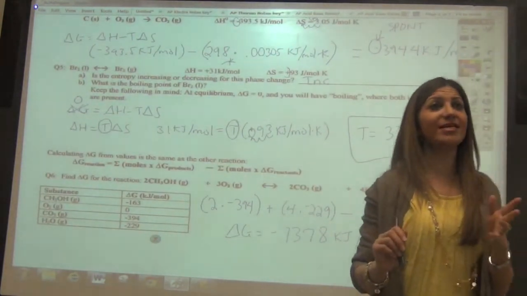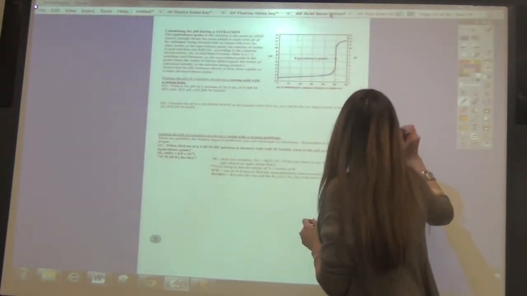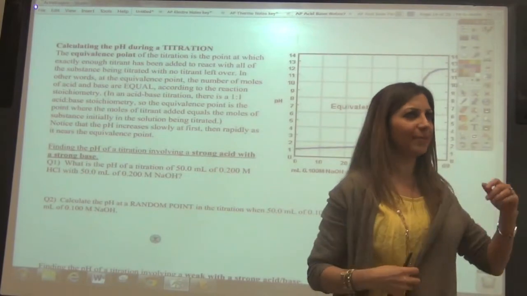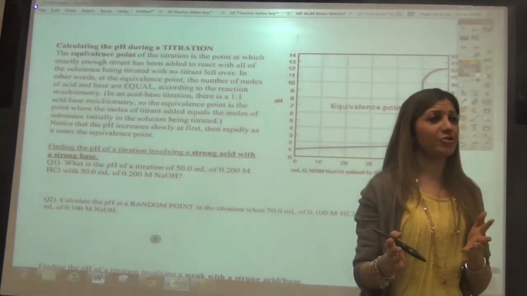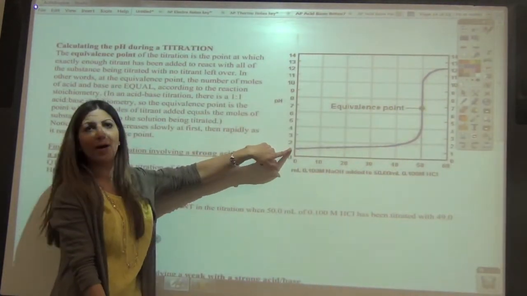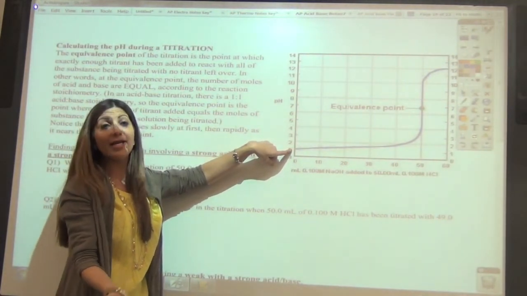Okay. Last thing that I wanted to look at is titrations. Just to make sure that you have a good idea about what happens in titrations. If you have a strong acid being titrated with a strong base, and in this case, I'm starting at a pH of about 1, which means that inside of my flask, I probably have what? An acid.